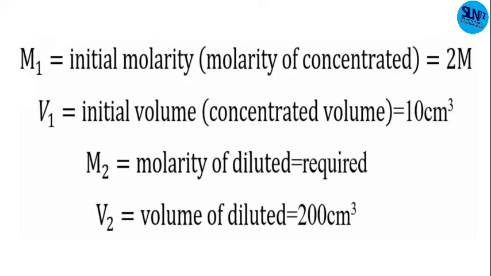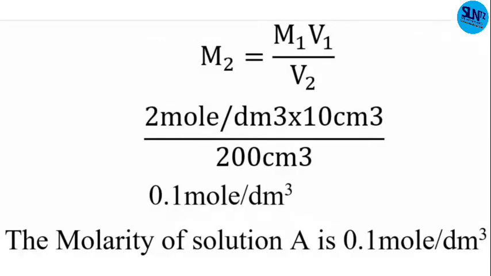Volume 2, or diluted volume, was 10 mL diluted up to 200 mL of the solution. Then, according to our formula, molarity of diluted, or molarity 2, is calculated by taking molarity 1 times volume 1 divided by volume 2, or molarity of concentrated times the volume of concentrated divided by volume of diluted.